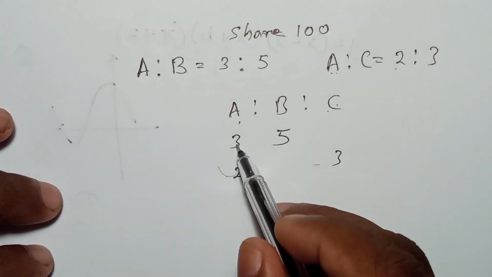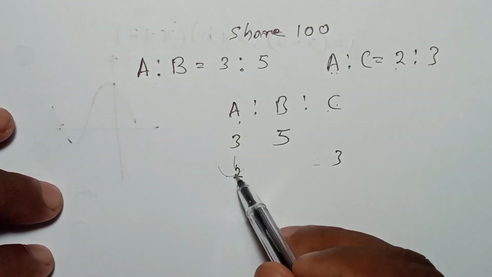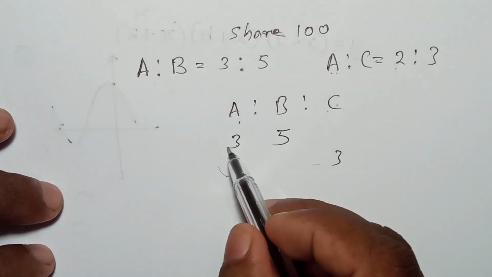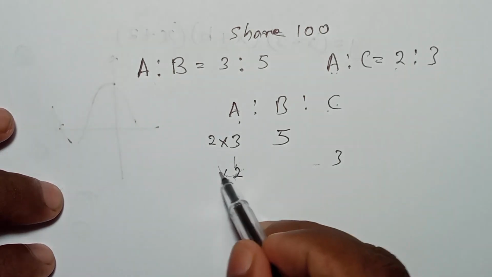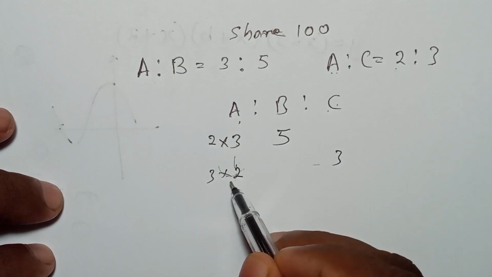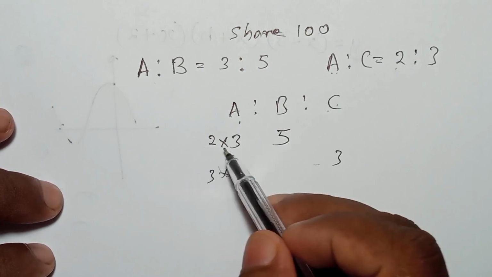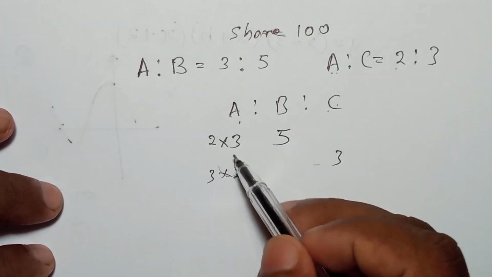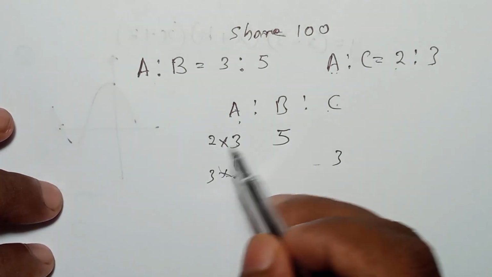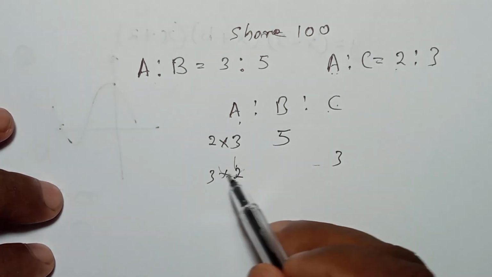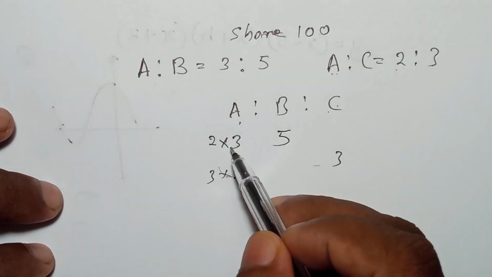Now here we need to make these two numbers the same. How can we make that? If I multiply this one by 2, I can make it 6. Here if I multiply by 3, I can make it 6. That's the way. The A value is given in this ratio also, so that one you need to make the same.